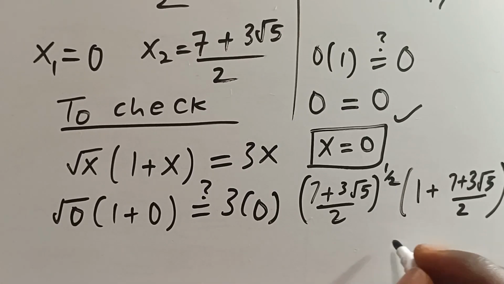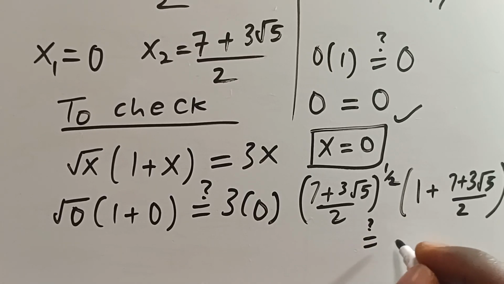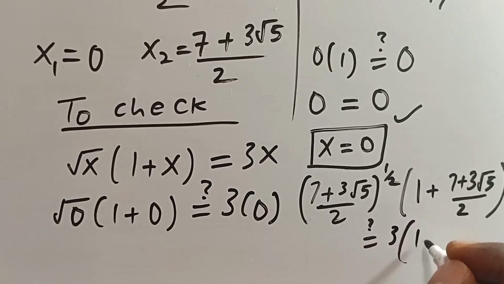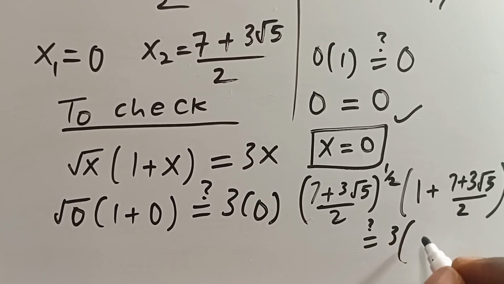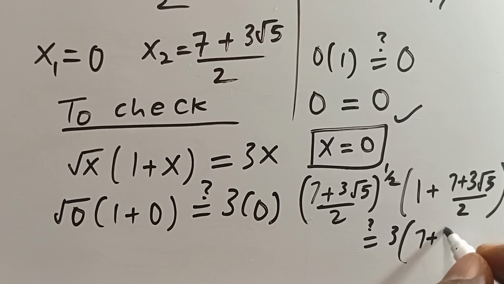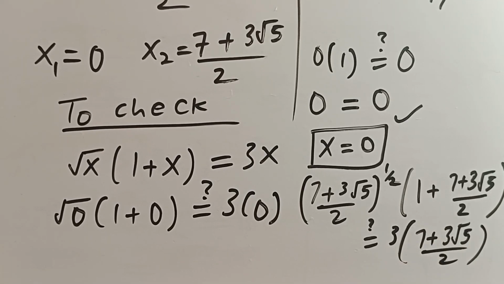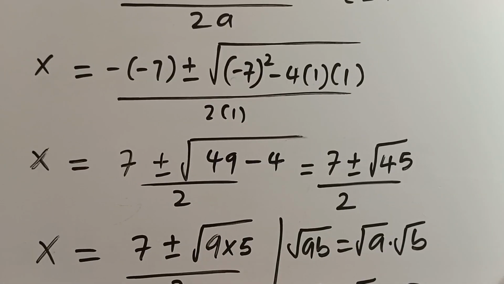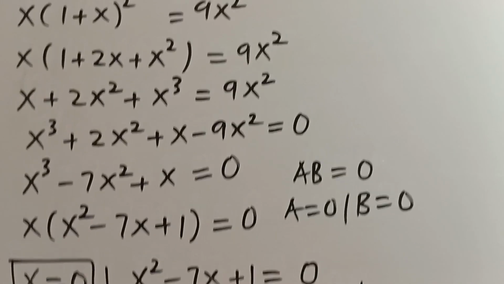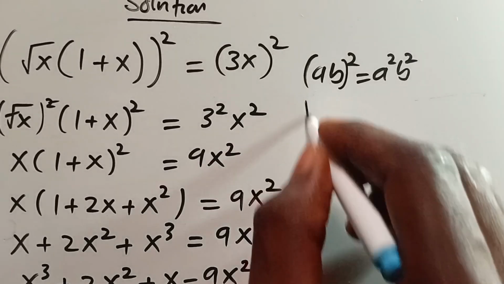Then it's going to give us 3 multiplied by 7 plus 3 root 5 divided by 2. So now you can complete your answer from this place.